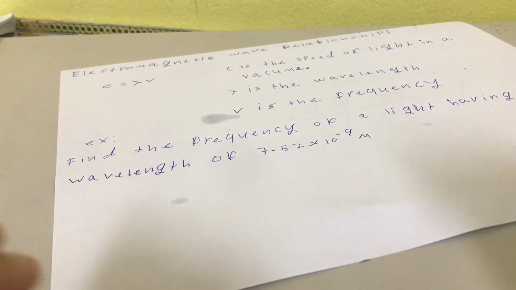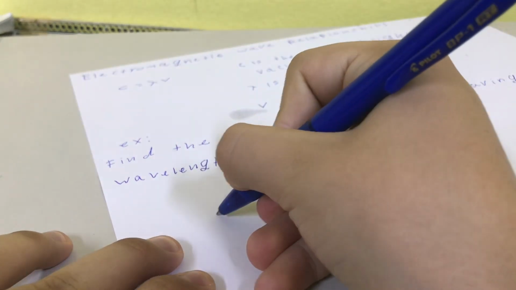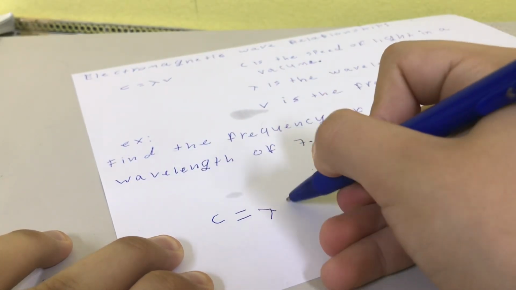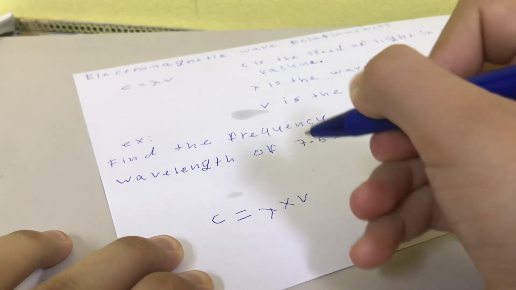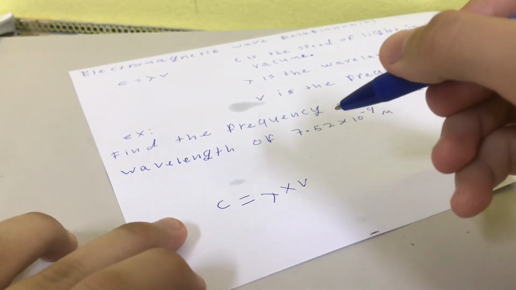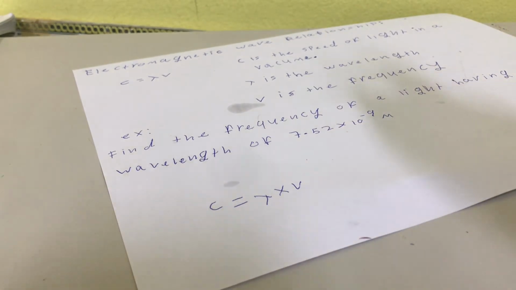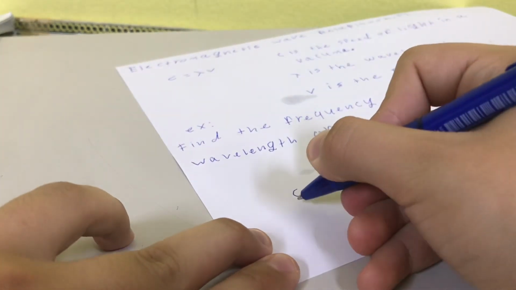So here we have a relation between frequency and wavelength, so we use the formula C equals lambda times frequency. The speed of light in a vacuum, you need to memorize this number.